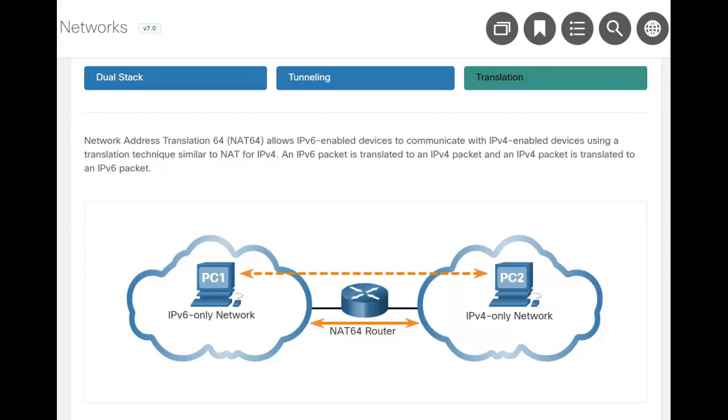So you can go back and forth between an IPv6 only and an IPv4 only network, and then translate them back using a NAT64 router.